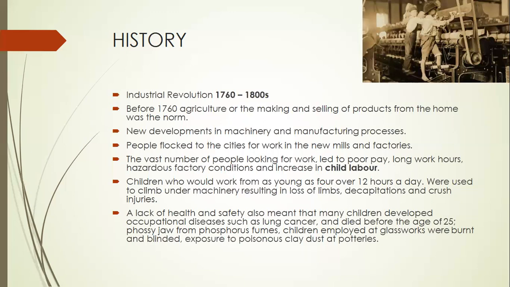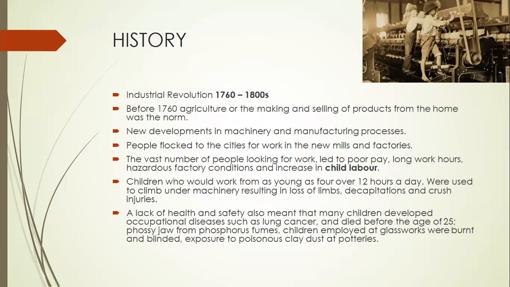And then came a rise of development in machinery and improvement in manufacturing processes, which led to the opening of factories. This caused people to flock to the cities, to work in the mills and the factories in the towns. The vast number of people looking for work led to poor pay, long work hours, very hazardous factory conditions, and an increase in child labor.